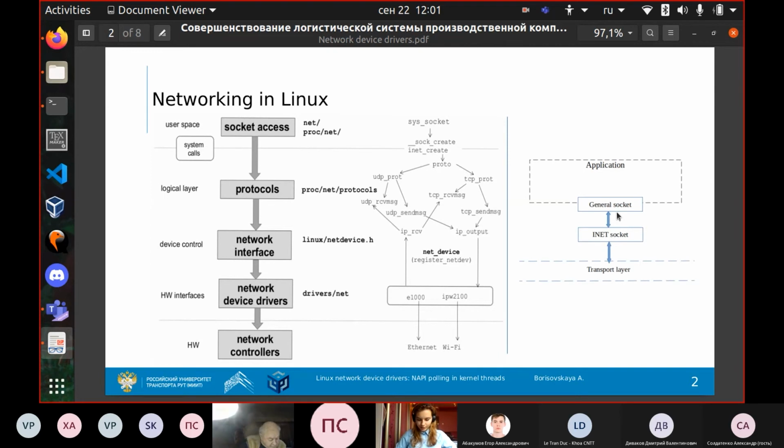They are protected from concurrent access by spin locks. Operations of updating statistics and changing transmission parameters are also protected by spin locks. The interface itself is defined by the net_device structure. The alloc_netdev and register_netdev functions are called to create and register a network device.